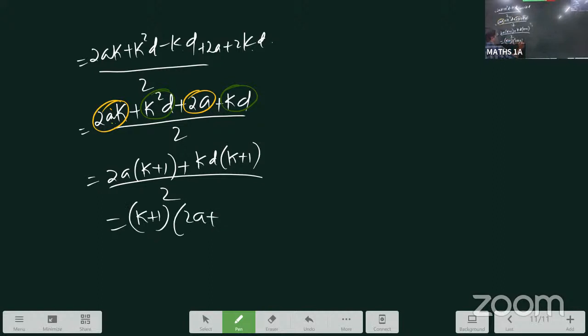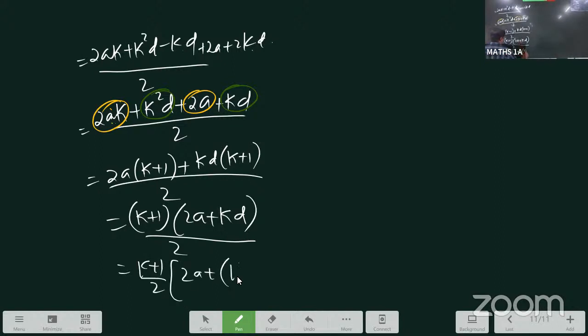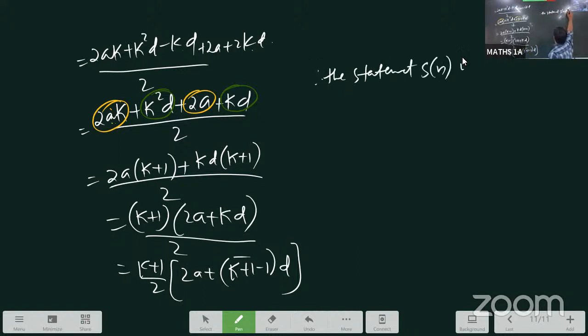Then (2a plus kd) by 2. That is nothing but (k plus 1) by 2 into (2a plus (k plus 1 minus 1) into d). See, it is in the form of n by 2 into (2a plus (n minus 1) into d). Instead of n, I got k plus 1, right? Therefore, the statement S of n is true for n equal to k plus 1.